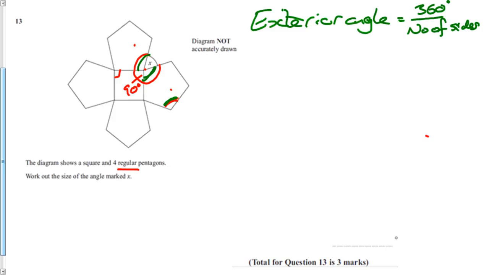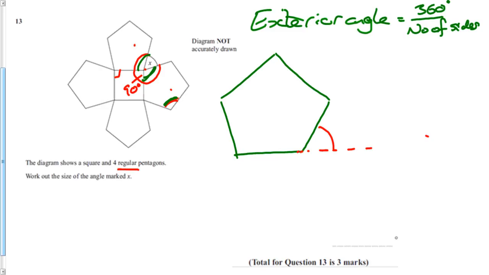So right here we've got a pentagon, and the exterior angle is going to be that there. So this angle here is going to be 360 divided by the number of sides, which in this case is 5.